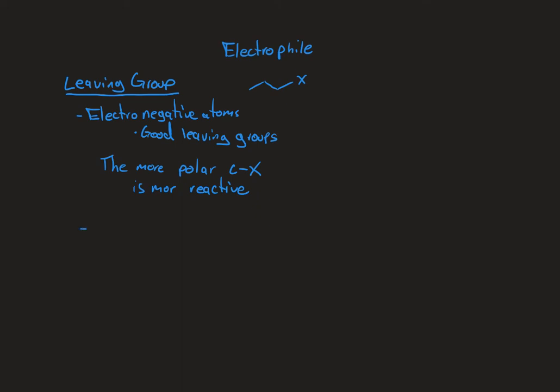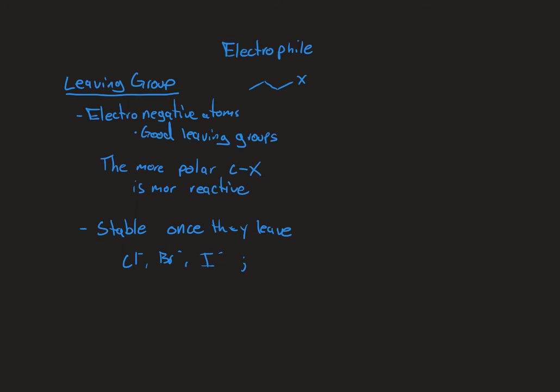Good leaving groups must be stable once they leave. So Cl minus, Br minus, and I minus are all good leaving groups because they're stable once they leave.